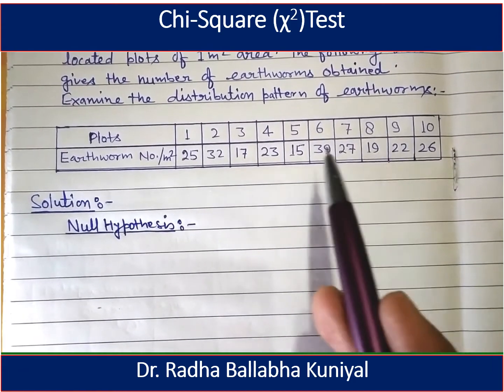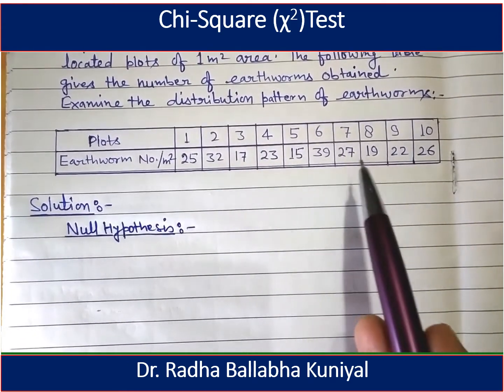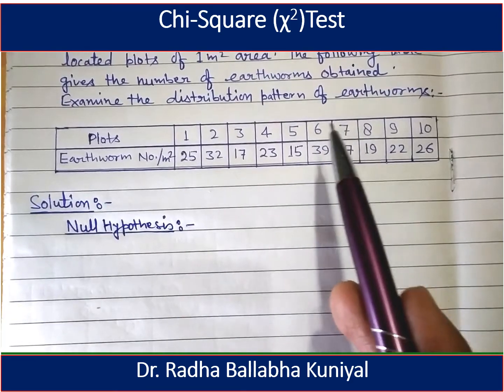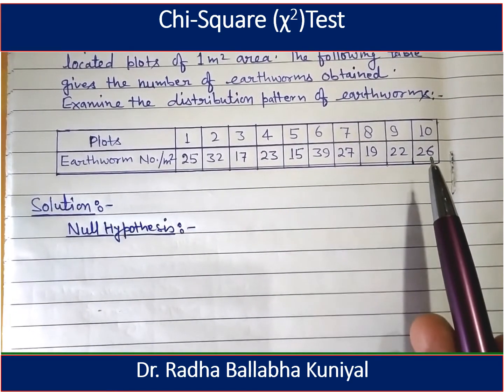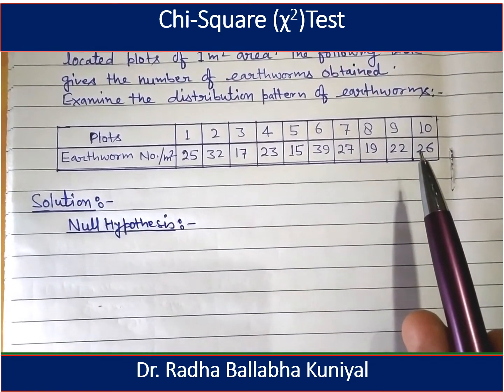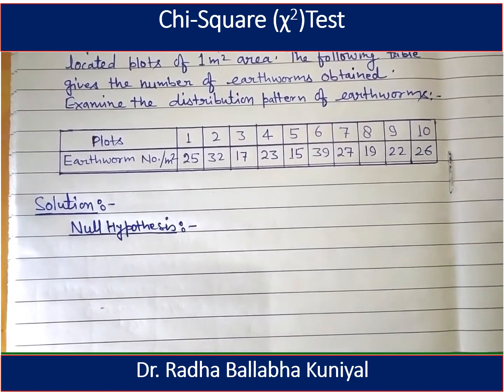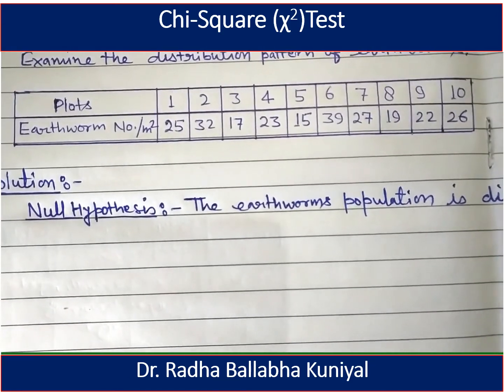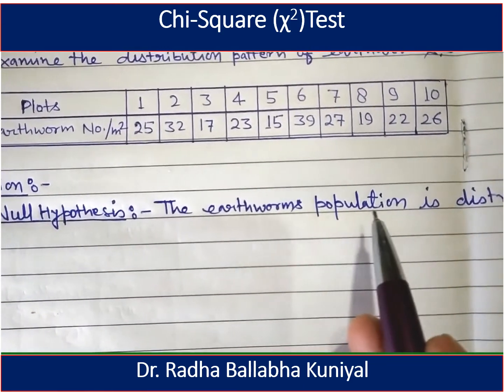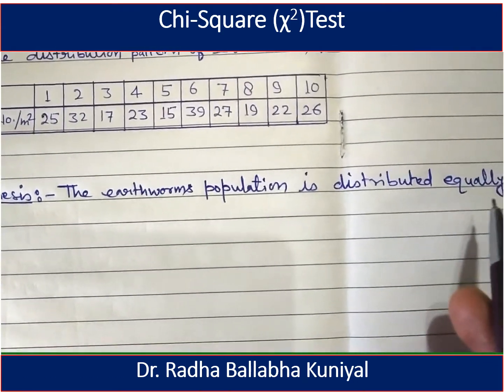Means the earthworm population is equally distributed in all the sampled plots. Now here we can assume the null hypothesis as the earthworm population is distributed equally.